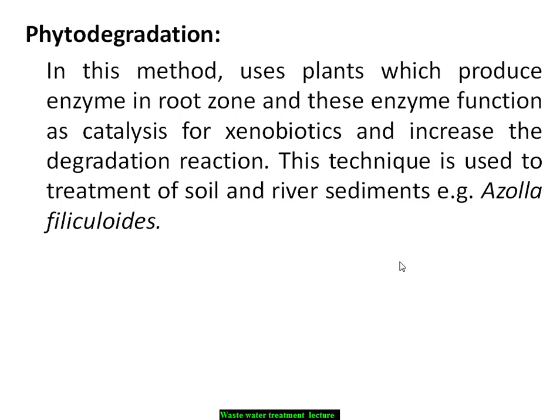So the process of water filtration is increased. Some plants generally used in phytodegradation are the Azolla filiculoides species, which are very much responsible for water treatment or water purification.